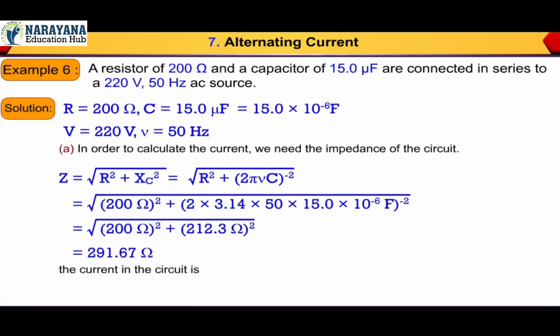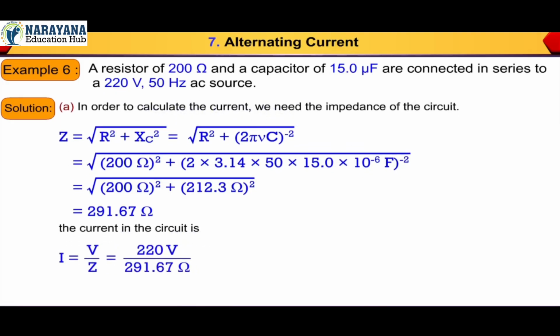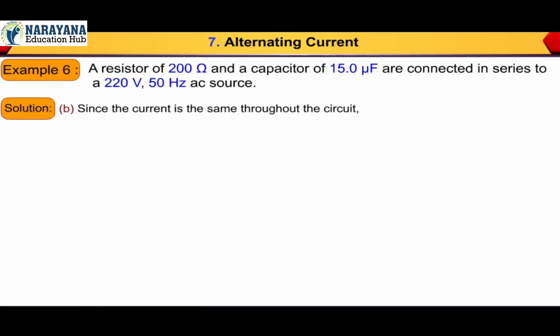Therefore, the current in the circuit is I is equal to V upon Z, equal to 220 volt upon 291.67 ohm, which is equal to 0.7542 ampere. B. Since the current is the same throughout the circuit, we have VR is equal to IR, which is equal to 0.754 ampere into 200 ohm, which is equal to 150.8 volt.